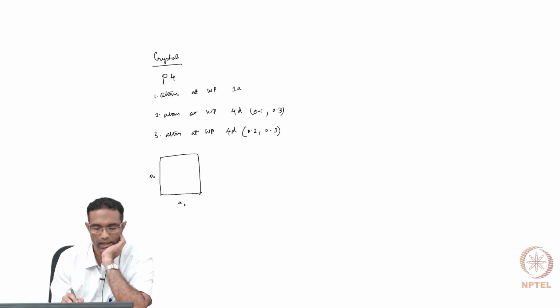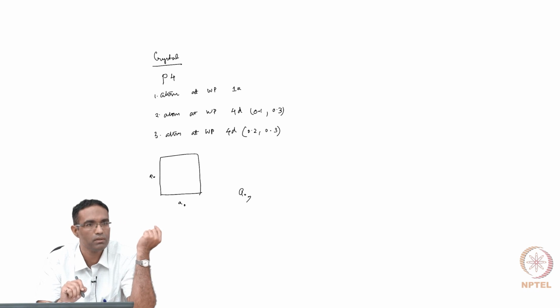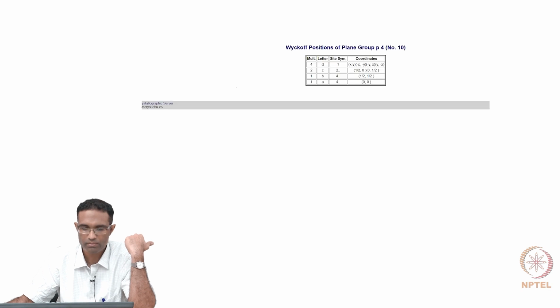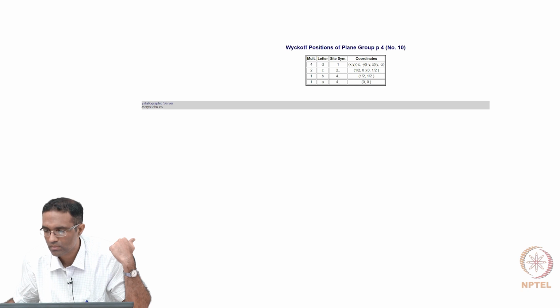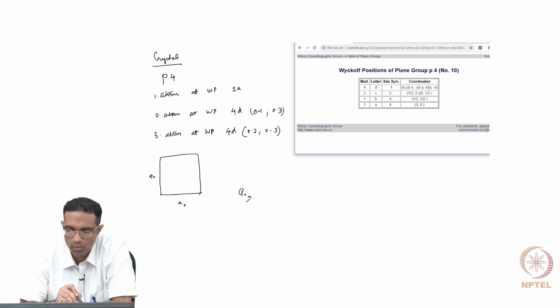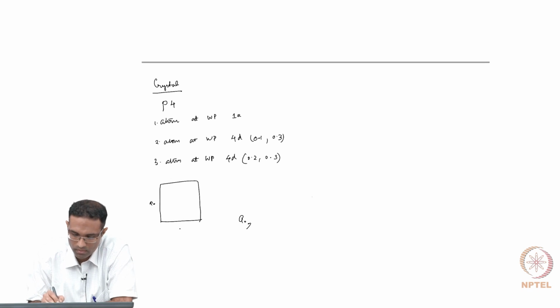So once you know the lattice constant and the Wyckoff positions of the atoms constituting that crystal, it is possible for you to generate that crystal, because you will go to this website and you will see that there is one atom at 1A. So there is an atom at 0, 0, right? So you will know that there is an atom right here.